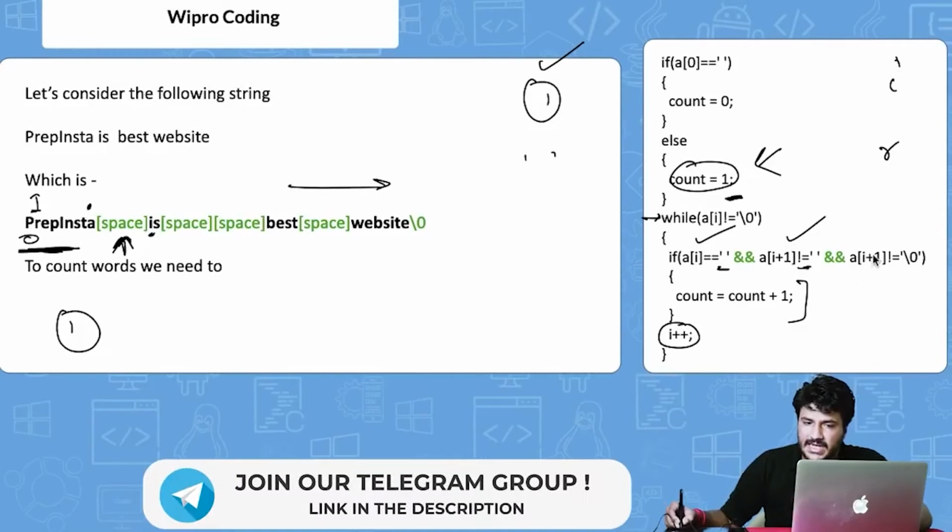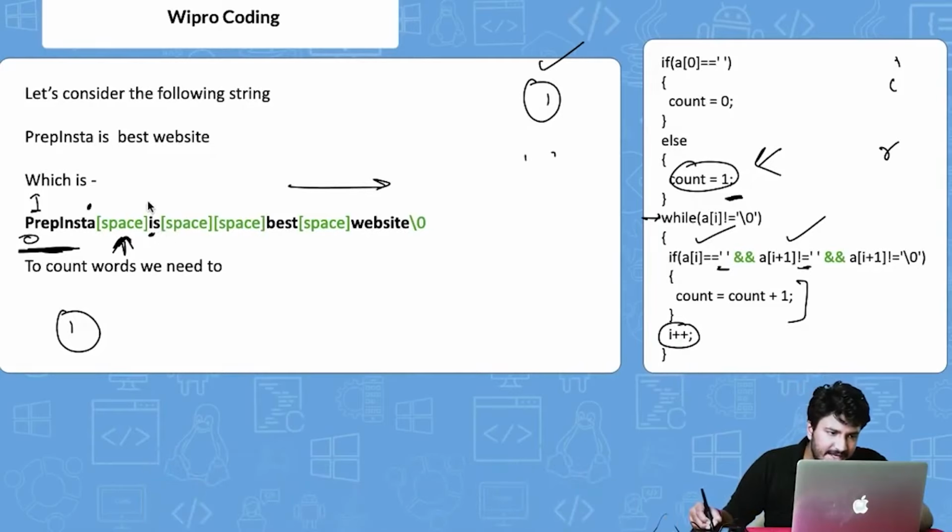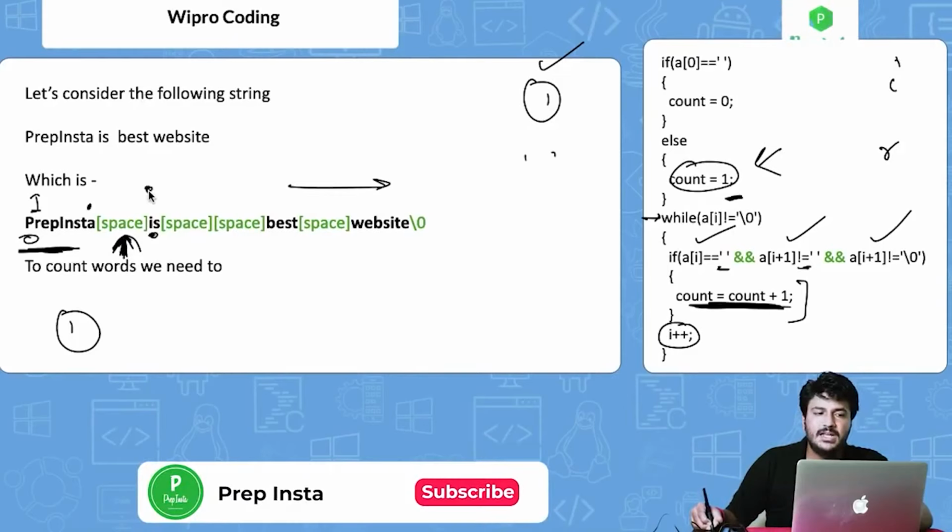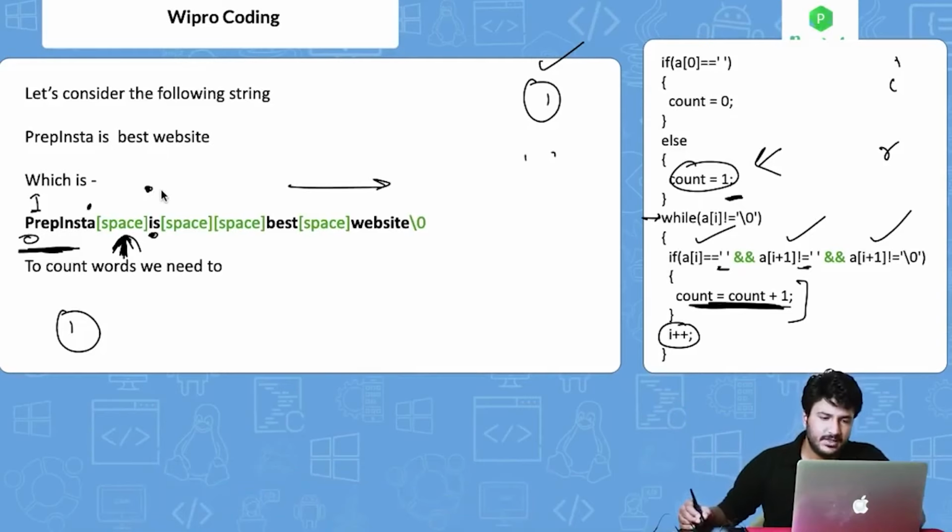Now it is saying, a of i plus 1 is not equal to \0. Obviously the value is I, it is not \0, the loop is not ending, right? So this condition is also satisfied. So it is saying yes, increase count to count plus 1, correct? So at this particular space, we have said, okay, the next word is going to be encountered in the next step, let's increase the count already, right?